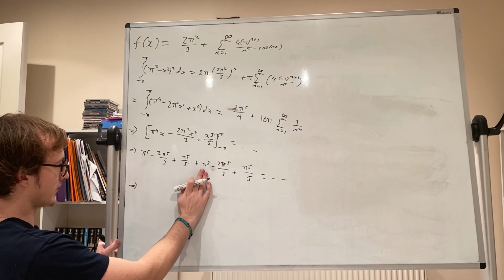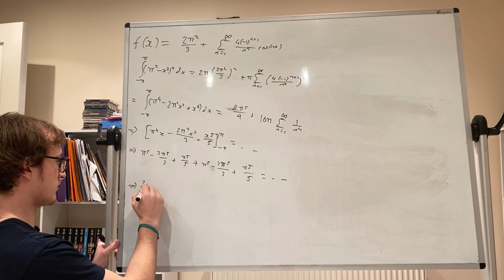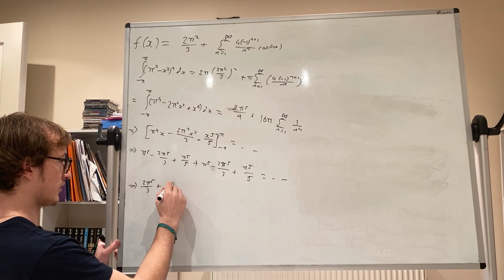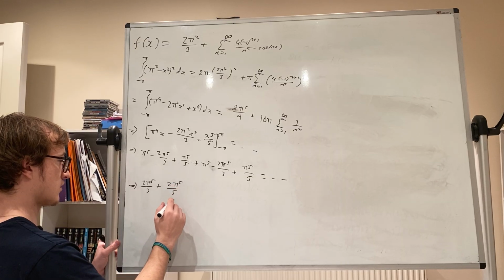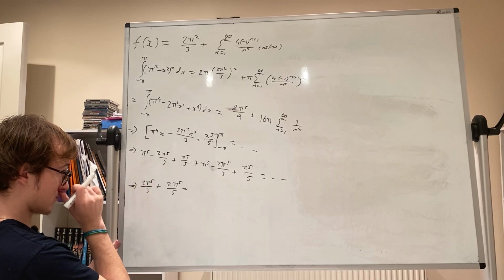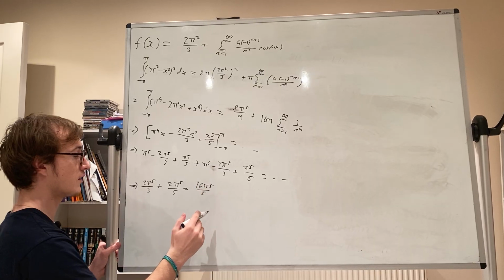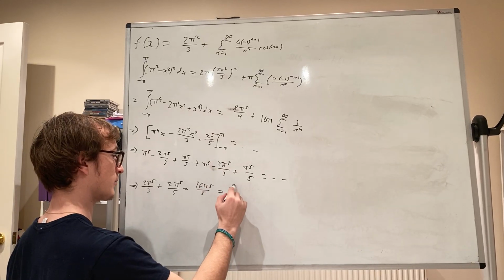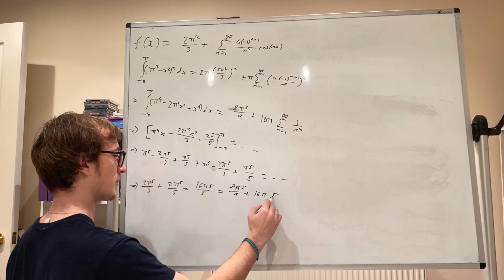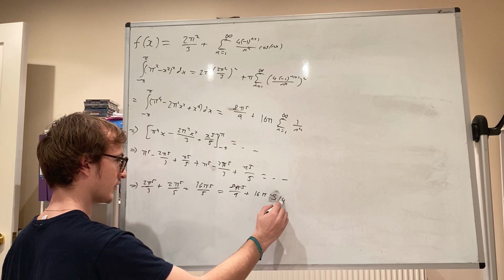So we get 2 pi to the fifth minus 4/3, that gives me 2/3 pi to the fifth. 2 pi to the fifth over 3 plus 2 pi to the fifth over 5, which is equal to 10 plus 6, 16 pi to the fifth over 5, and that's equal to 8 pi to the fifth over 9 plus 16 pi times, I'm just going to call it zeta of 4 so that I don't have to write the whole thing.